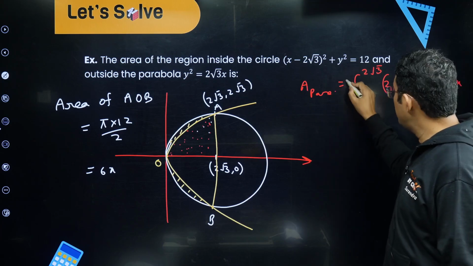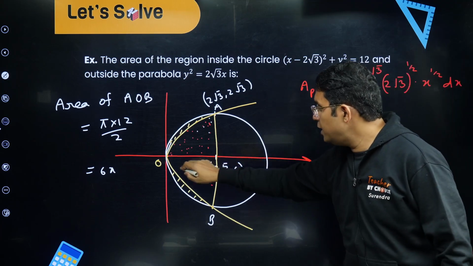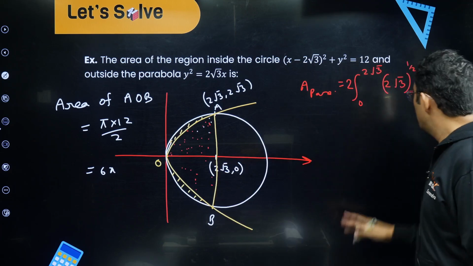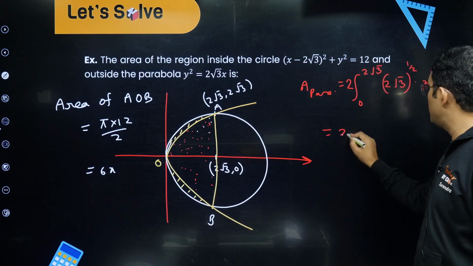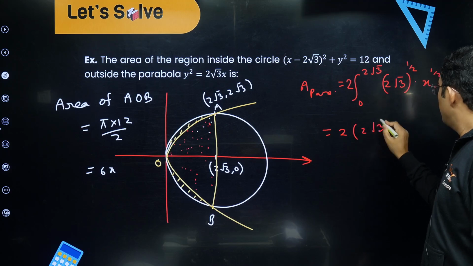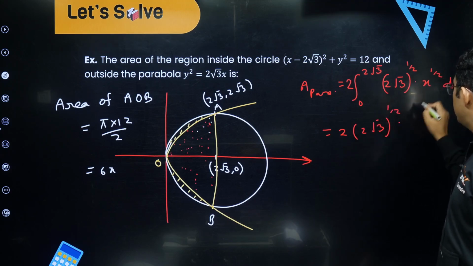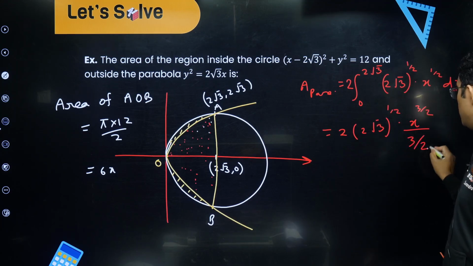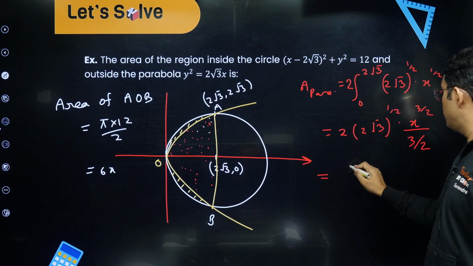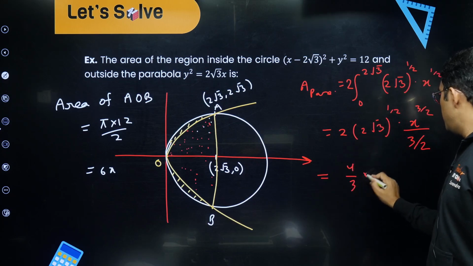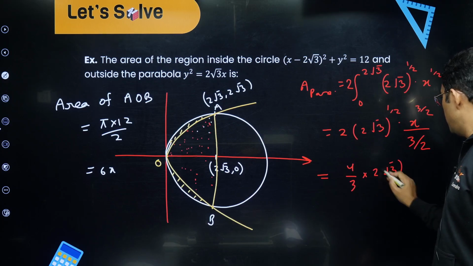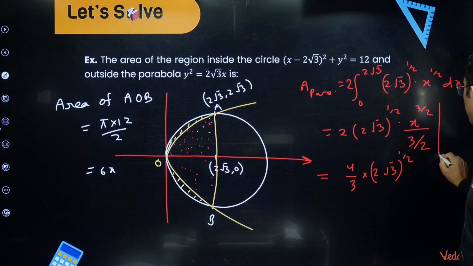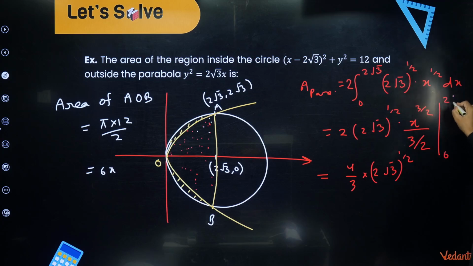And actually this will be 2 times, because we have to take the area below as well. So it will be 2 into (2√3)^(1/2) and x raised to the power 3/2 divided by 3/2. So this becomes 2 into 2, 4, 4 upon 3 into (2√3)^(1/2), and the limit of x is from 0 to 2√3.